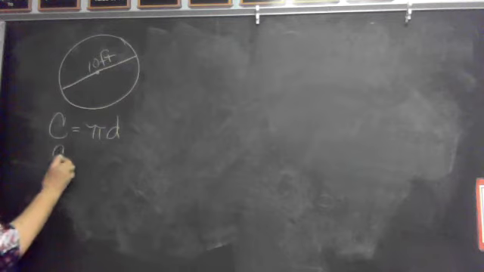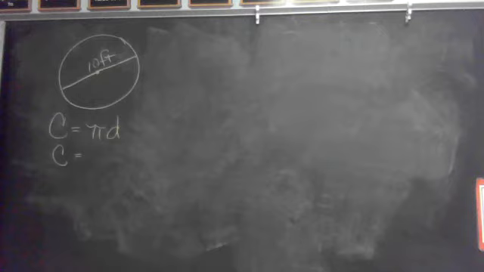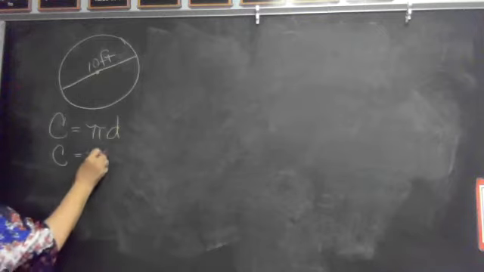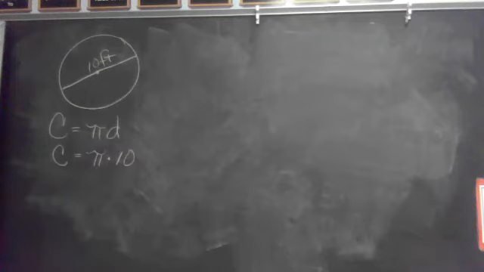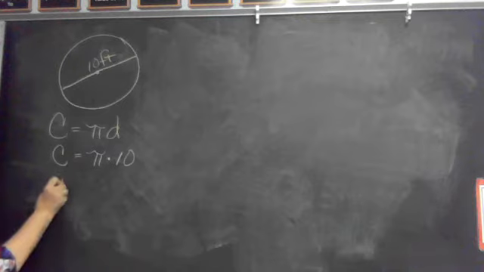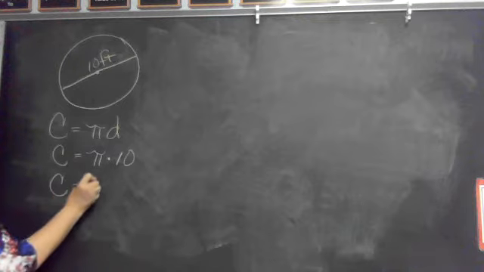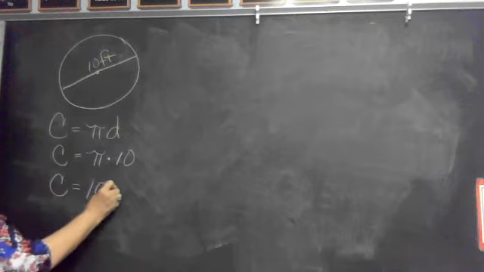So C equals, and again, I will remind you, if you put down the formulas first, you'll make fewer mistakes. We're going to use the pi button times 10. So your answer for circumference should come out 10 pi.